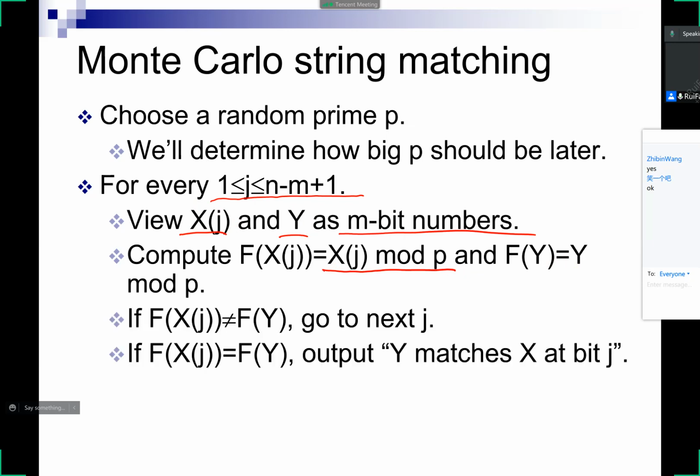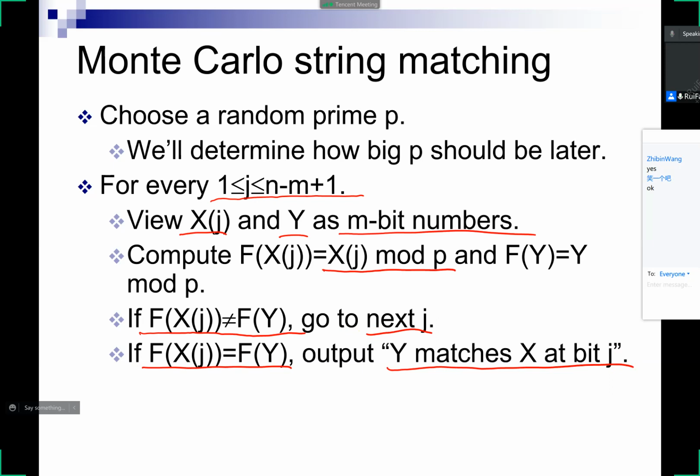You just compare those fingerprints. If the fingerprints are different, then definitely x of j and y do not match, because if they did match, their fingerprints would be the same. So we don't have a match at position j, and we go on to the next j. On the other hand, if the fingerprints do match, then we say that y matches x at position j.